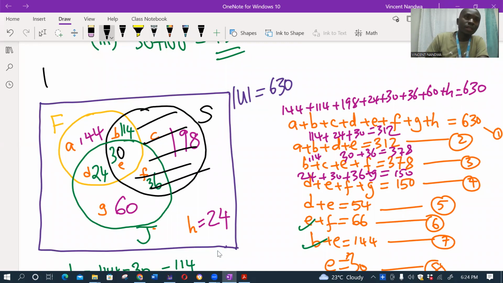So it should be 198 plus 36, and 198 plus 36 is 234.